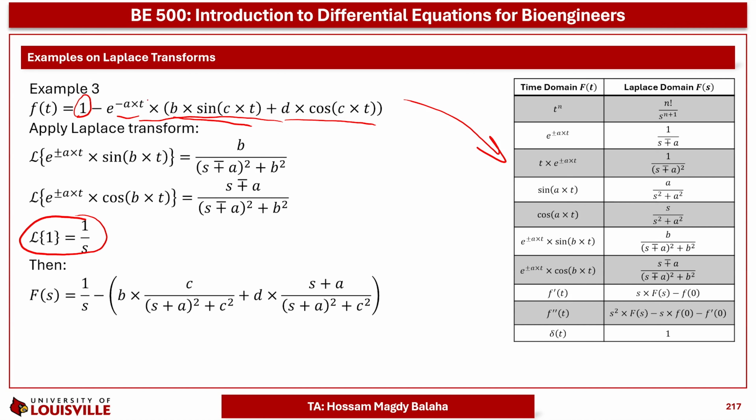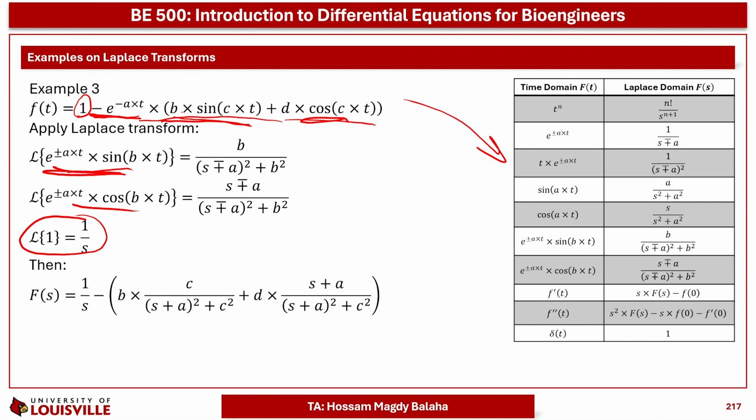Next, we have an exponential multiplied by something. So we can take negative exponential multiplied by sine, this is the first, and another one will be negative exponential multiplied by cosine. Each of them will follow these patterns. So b sine multiplied by the exponential will be like that.